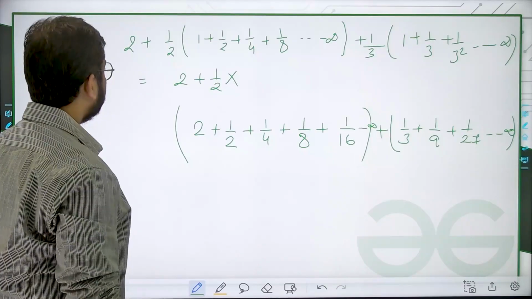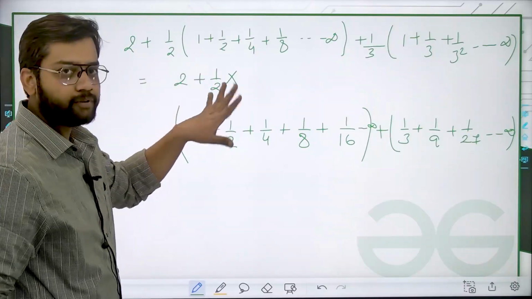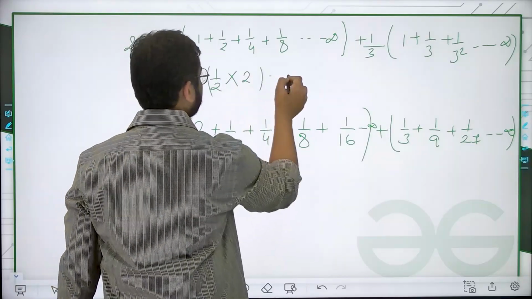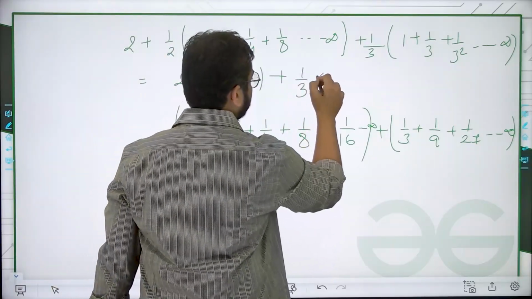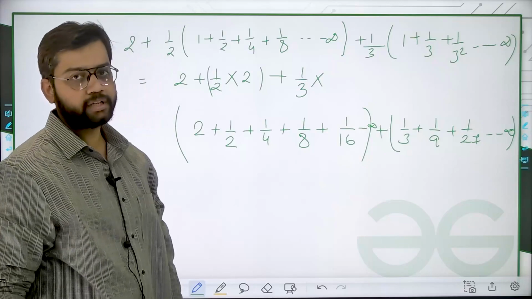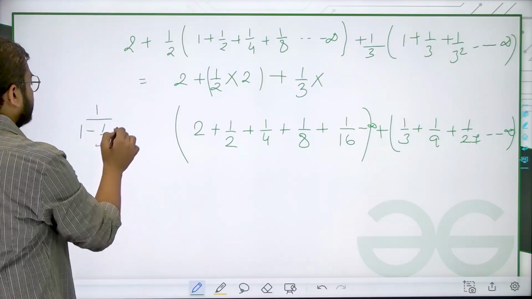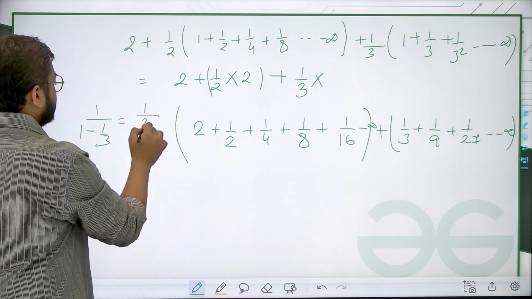So a is equal to 1, 1 minus r is 1 by 2, so 1 upon 1 by 2, that will be equal to 2, plus 1 upon 3 into, this will be again a upon 1 minus r. So a is equal to 1 and 1 minus r is 1 upon 3, so 2 by 3.